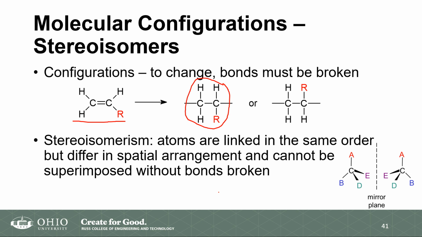And so the way we can tell that a polymer is going to have a stereoisomer is if we have a group on our repeat units that differs from the other three. Basically, what we need in our repeat unit is at least one carbon that has two different groups on it.